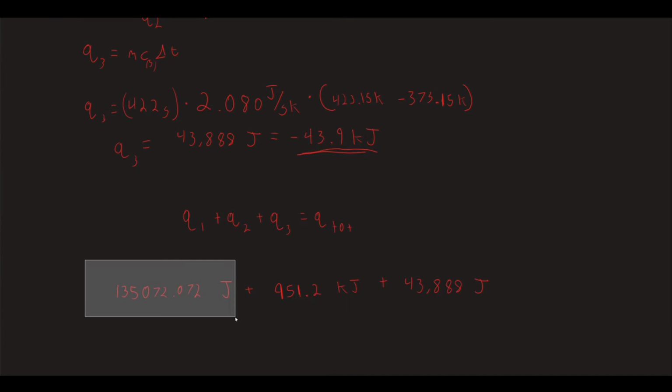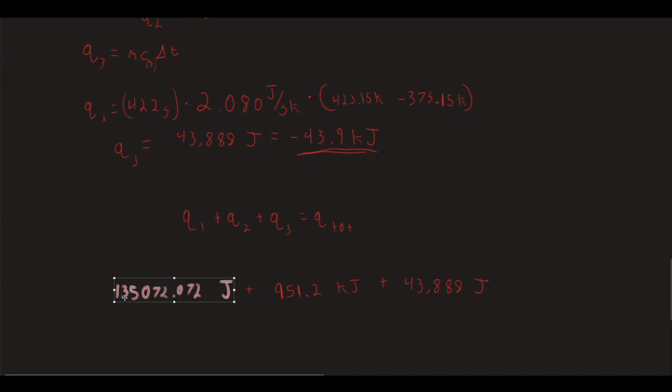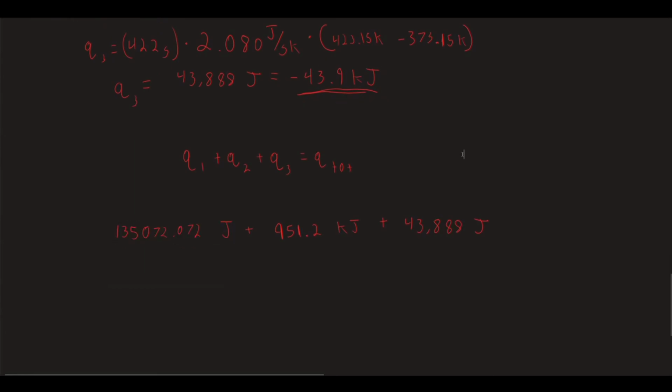We also need to do a conversion because I have not converted these yet, to convert these joules into kilojoules. So we take the decimal place and move it 3 points to the left. So 1, 2, 3.